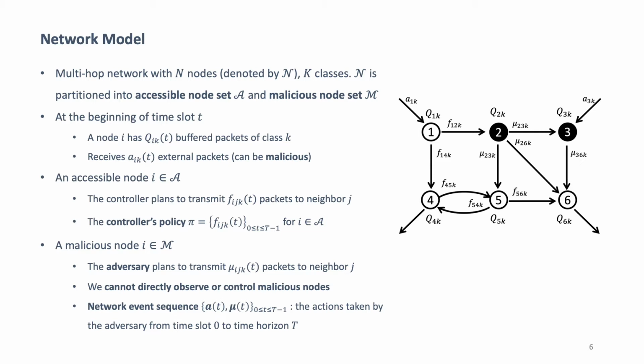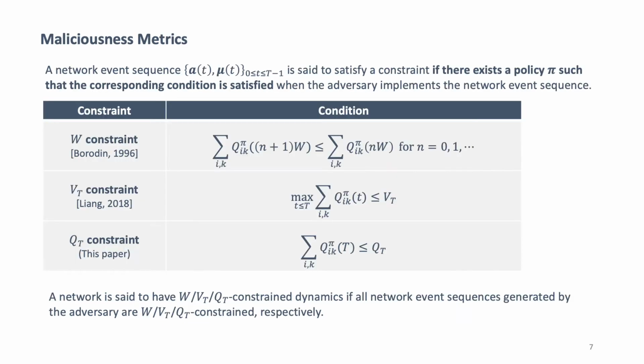Meanwhile, the malicious nodes also have their own actions, but these actions are controlled by the adversary and are unobservable to us. Here we define the network event sequence to be the actions taken by the adversary from the beginning to the end of the time horizon.